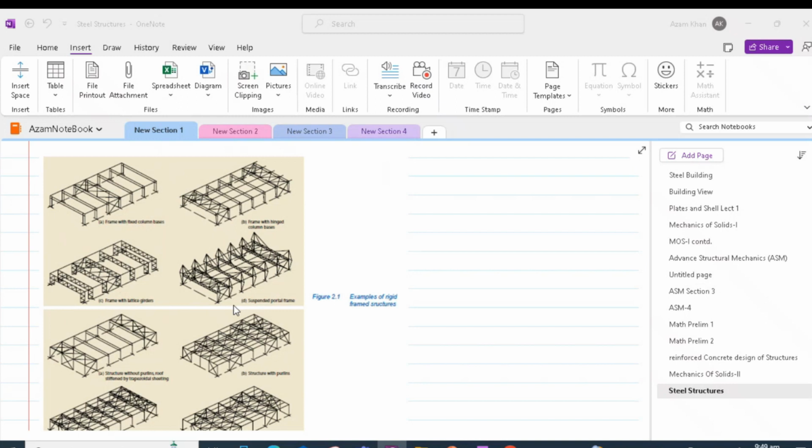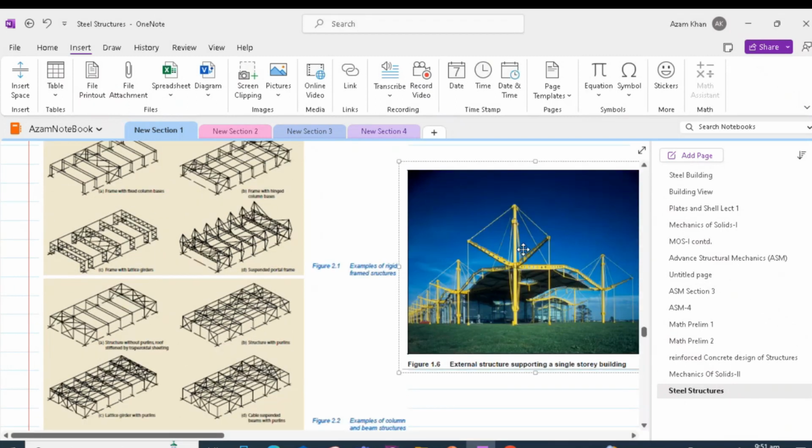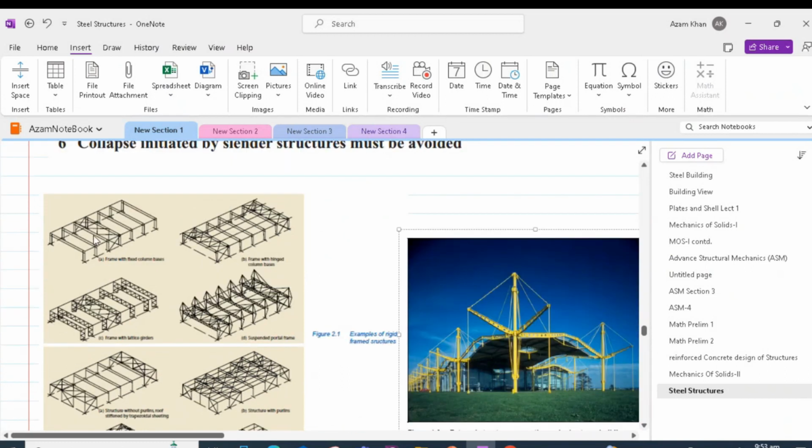We can also have suspended portal frames, which again involve a column and beam arrangement, where we can have cables providing additional support. These cables are helpful in stabilizing the columns and also breaking the span of the beams. So all these four structures are examples of rigid frame structures.